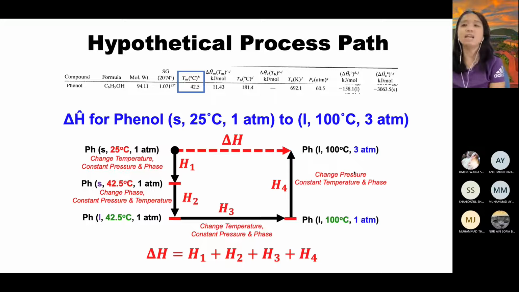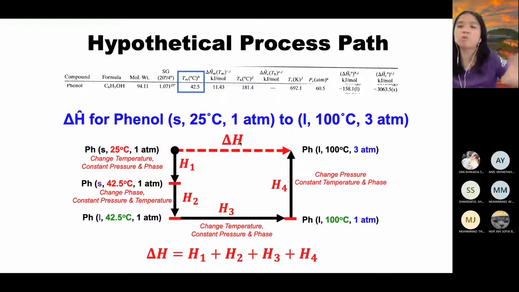So when you already done all the paths, kamu kena kira entalpi tu separately. Maknanya kamu kena kira H1, kira H2, kira H3, kira H4, jumlahkan kesemuanya baru kamu dapat delta H untuk that changes of condition for phenol. So kamu nampak at first starting dengan satu path je.